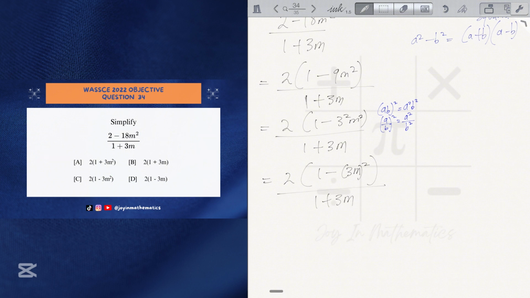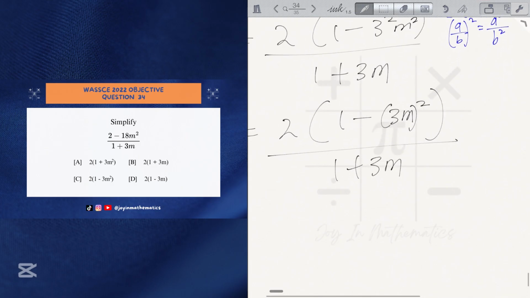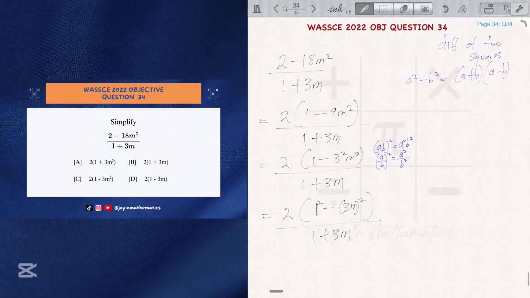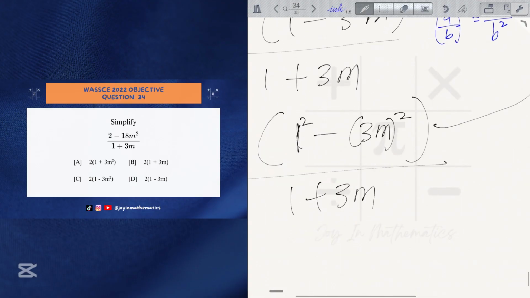So in view of this, we now have the difference of two squares. We have 1 is equal to 1 squared, so we have 1 squared minus 3m squared. Now let's apply the principle of difference of two squares. This will be our a, and this is our b.